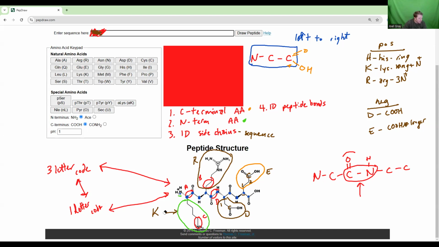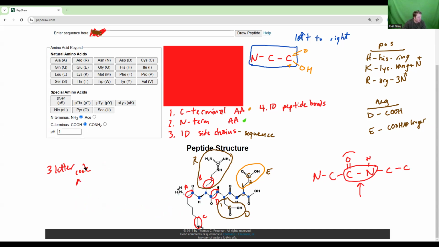I'll erase all of the markings except for the red letters and the red circles, just so it's a little bit less hairy. And then some of the blues I've got to leave behind.